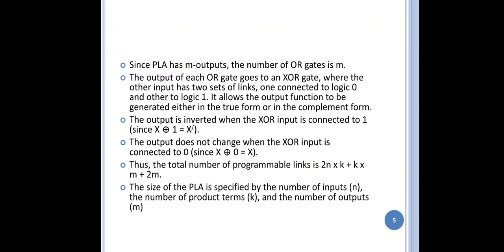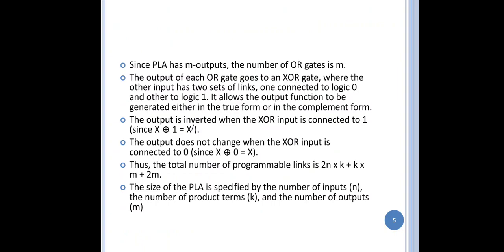The output of each OR gate goes to an XOR gate where the other input has two sets of links, one connected to logic 0 and the other to logic 1. It allows the output function to be generated either in true form or in complement form.